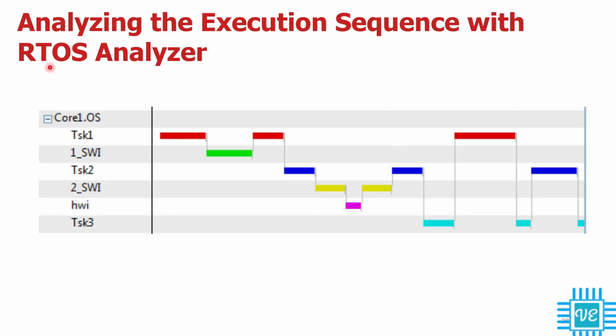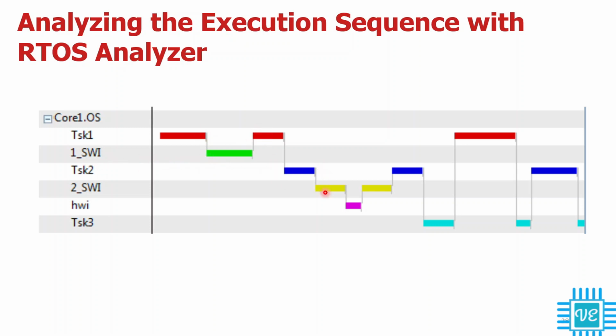Then, as I said, apart from the load features and load analysis, it will also provide a graphical user interface, which we also call the RTOS Analyzer. With this, you can check when a task actually started, and after the task whether any software interrupt occurs.